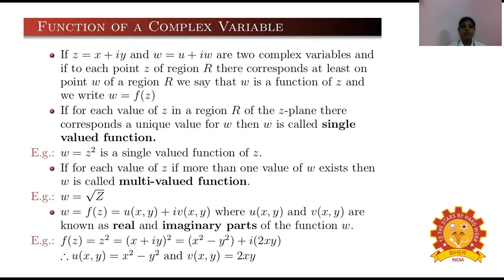Next, function of a complex variable. If z equal to x plus iy and w equal to u plus iv are two complex variables, and if to each point z of region R there corresponds at least one point w of a region R', we can say that w is a function of z, and we can write it as w equal to f of z.